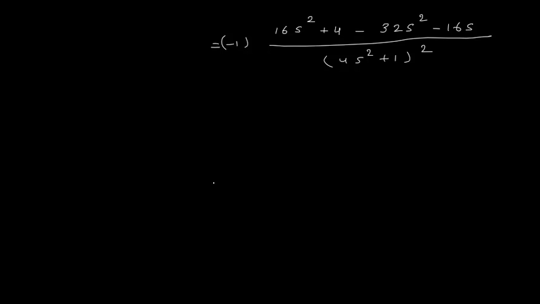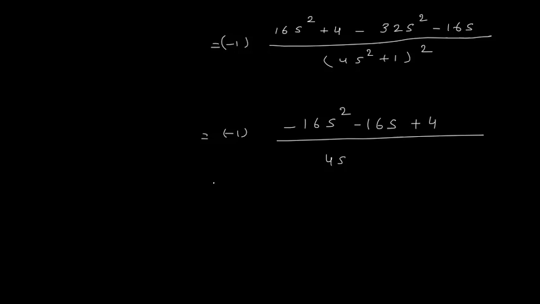Now this is equal to minus 1, 16s square minus 32s square. So this is minus 16s square. Then we have minus 16s. Then we have plus 4 whole divided by 4s square plus 1 the whole square.